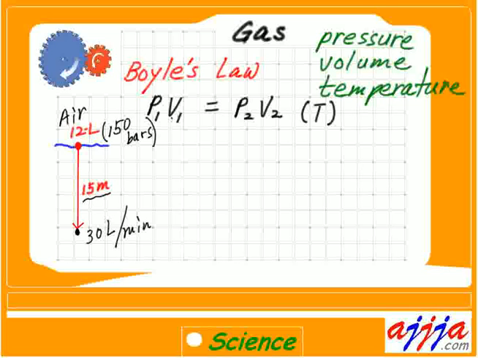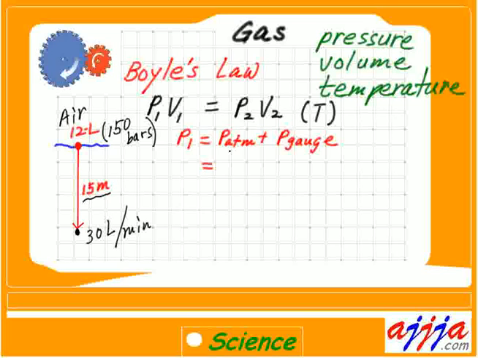The first thing you have to figure out is pressure. I call it P1. You add atmospheric pressure, which is P atm, plus the pressure for the gauge.